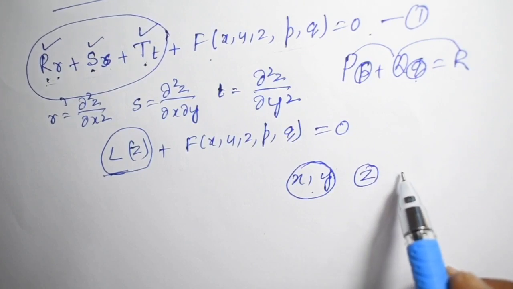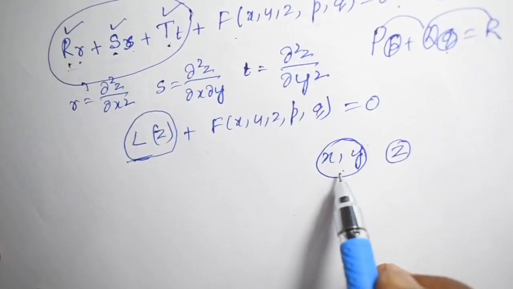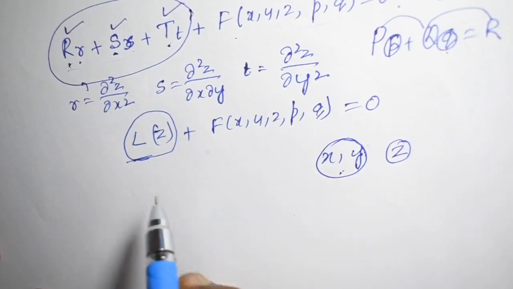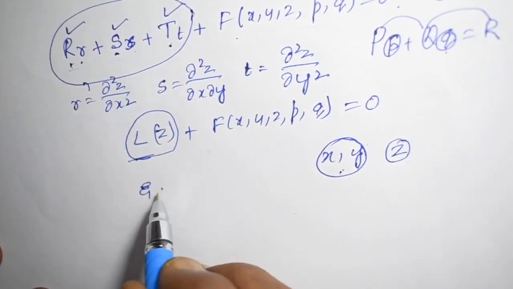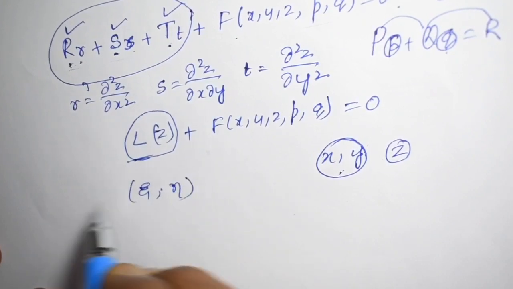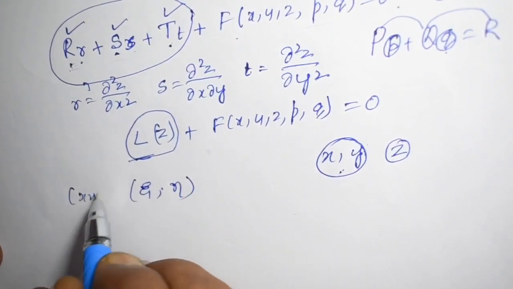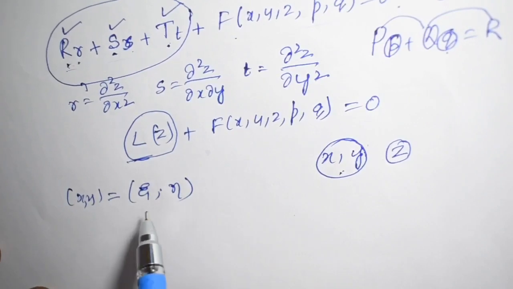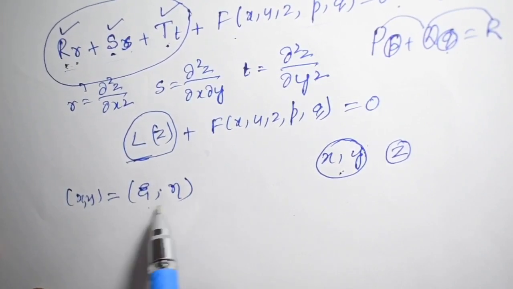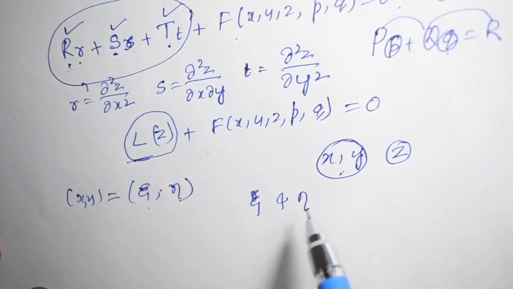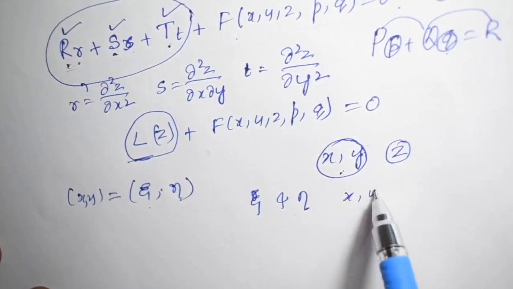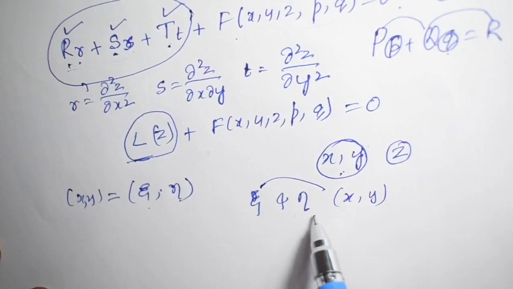For the independent variables we consider the transformation variables xi comma eta instead of x comma y. Here both xi and eta are functions of x and y.